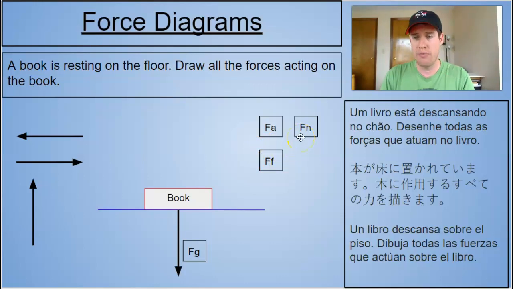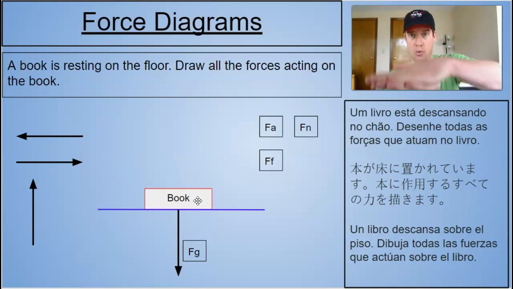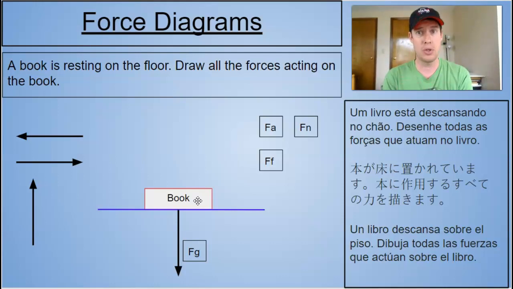But what was that one force that we said does oppose gravity? It's the normal force. If gravity is pulling down, which it is, the book should be right now hurtling towards the center of the earth. But it's not. The floor has stopped it. And the floor is providing an upward push force that is countering the Earth's gravity pull force and keeping that book at a constant speed, which is 0.